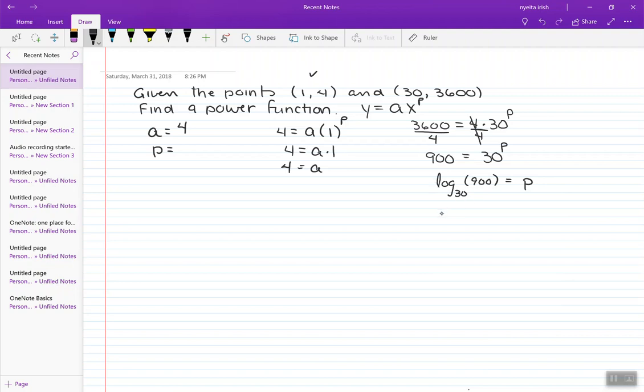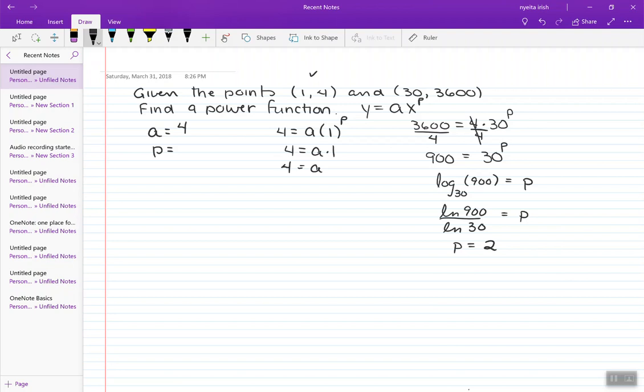Or remember, you can also do natural log of 900 over natural log of 30. Do the change of base if your calculator can't do base 30, and figure it out that way. In either case, p is 2.